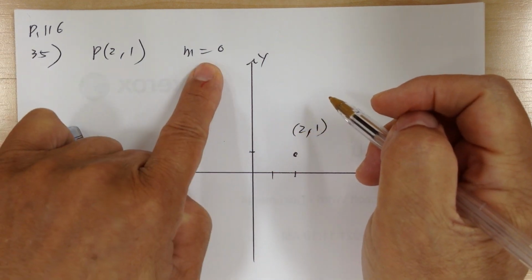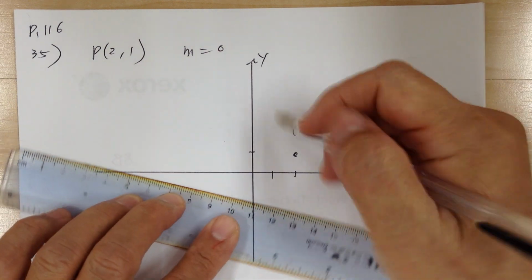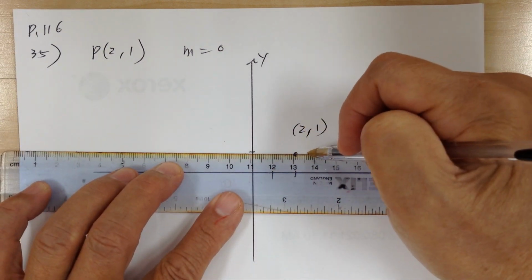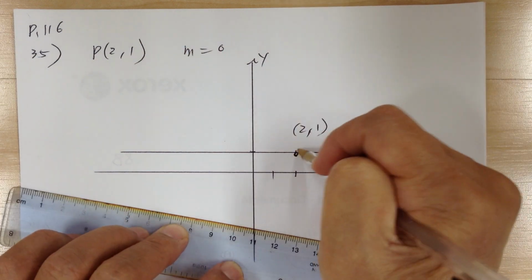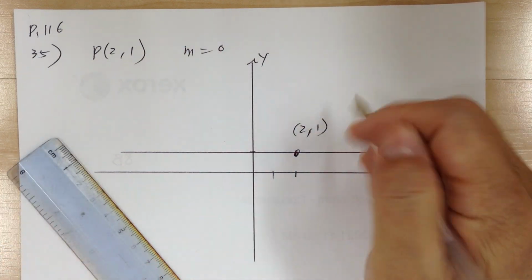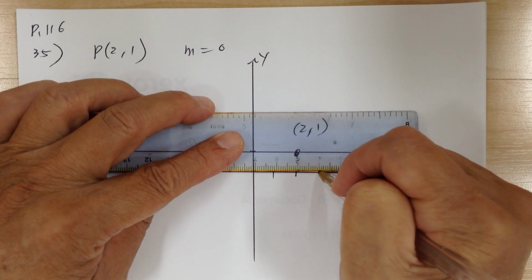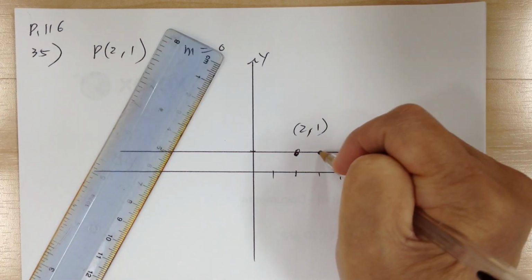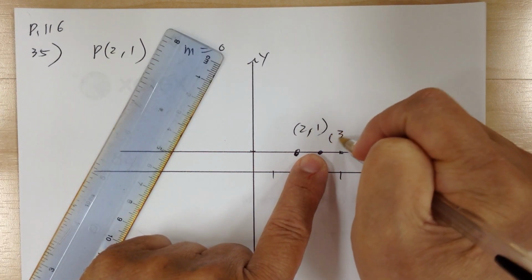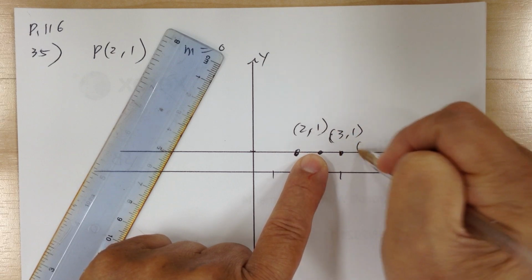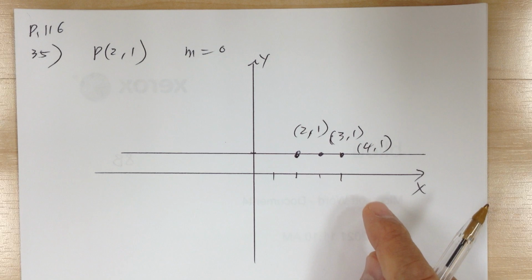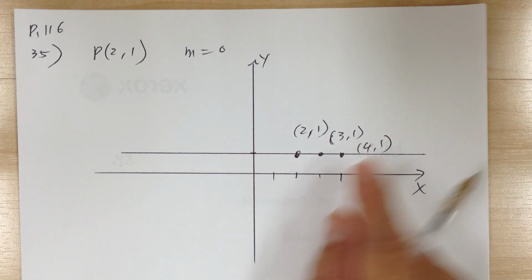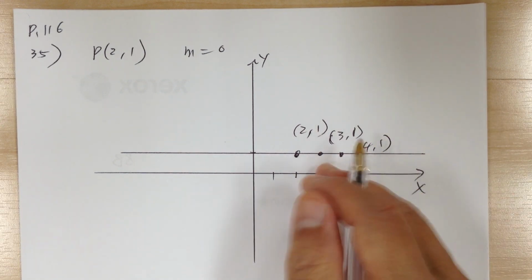Now, when the slope equals 0, it means the line goes straight across like this. That means you can choose any point. For example, you can pick any random point, like this one would be 3, 1, and this point would be 4, 1. You can choose any points on the line, but these are just 2 examples.